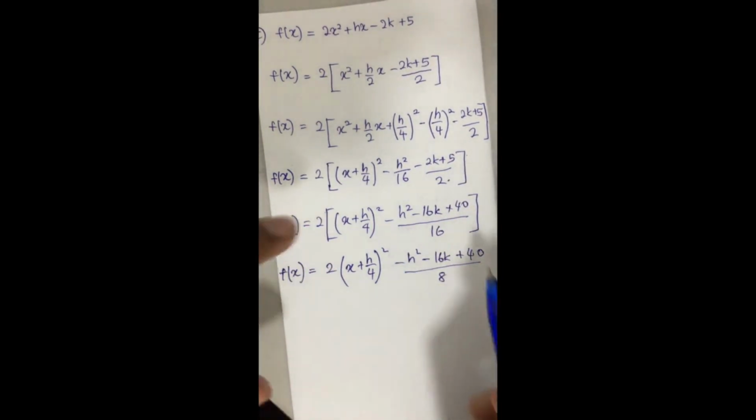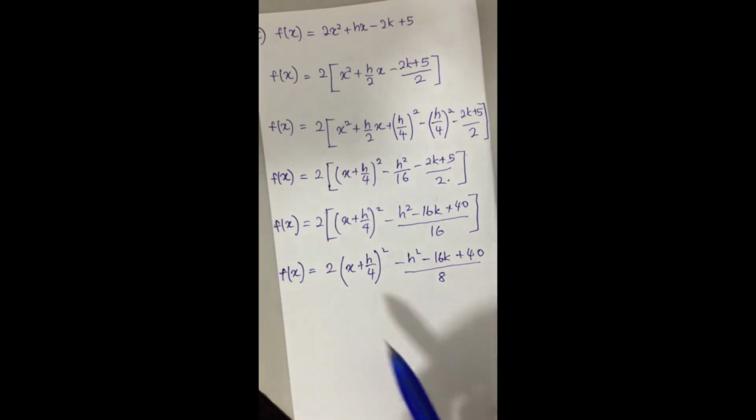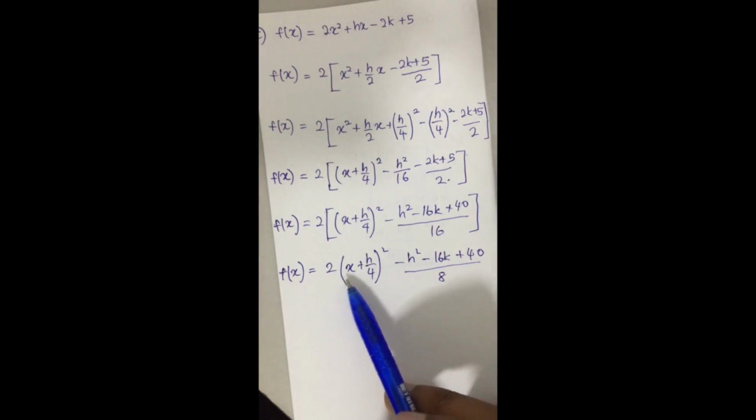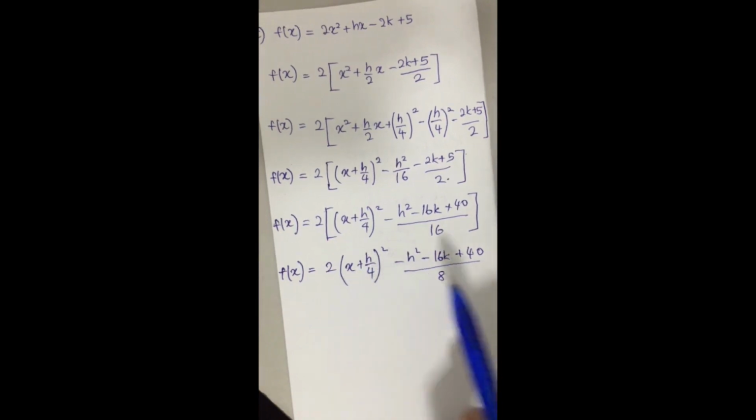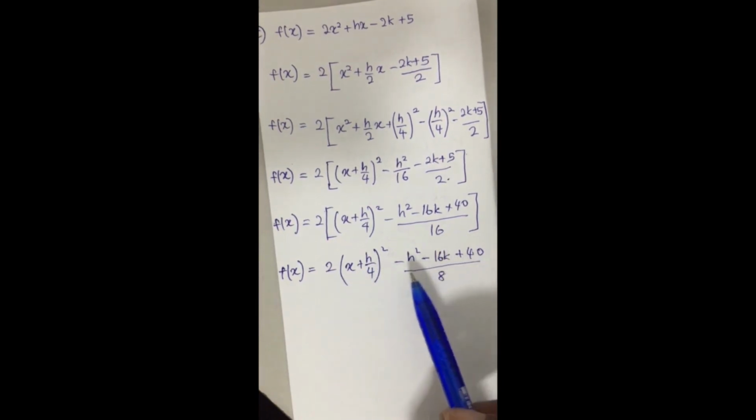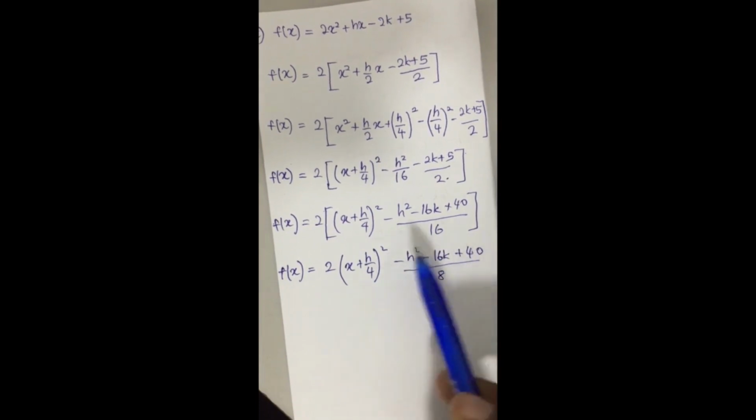Now you can remove the square bracket, so this will be your general form a in a bracket (x plus p) squared plus q. This x plus p in this case is x plus h over 4, and in this case our q is this following expression.